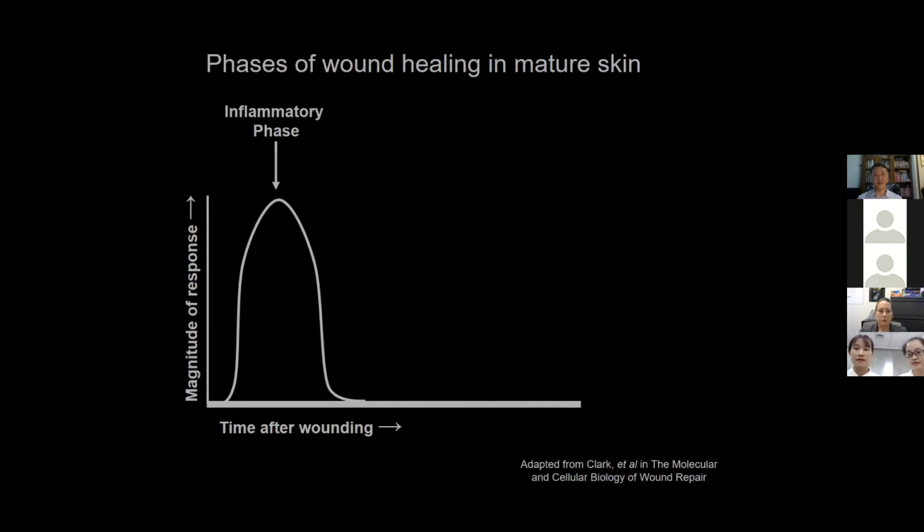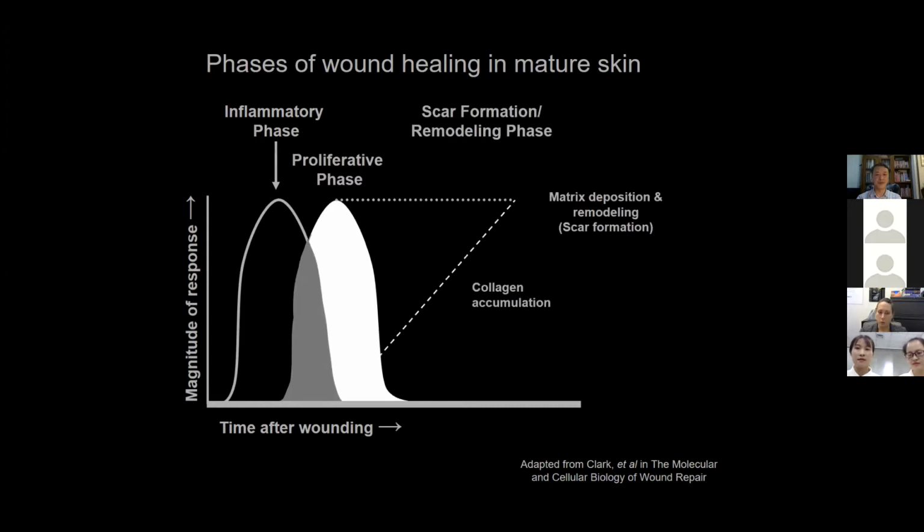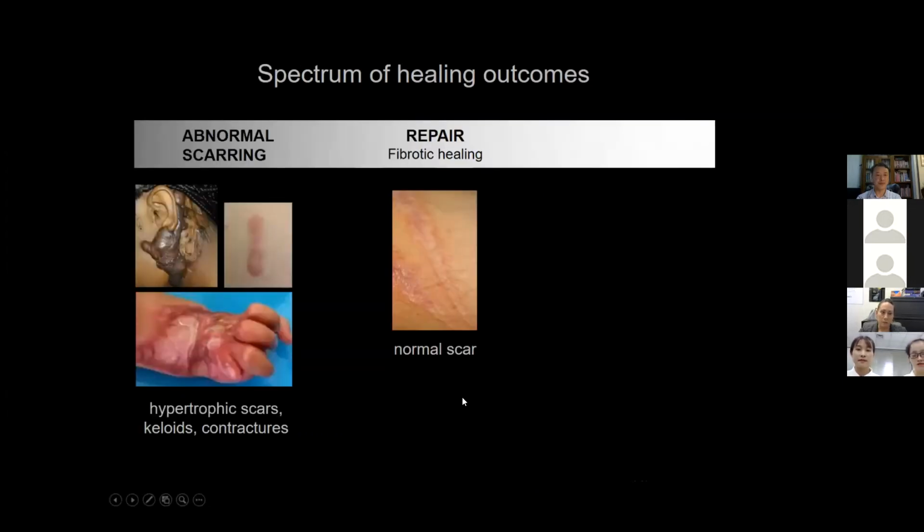And if you think about the outcomes of this process that you might see, typically you would see a repair process, which is indicative of fibrotic healing, and usually a normal scar will form. But on the other hand, you can see abnormal scarring result from the repair process.